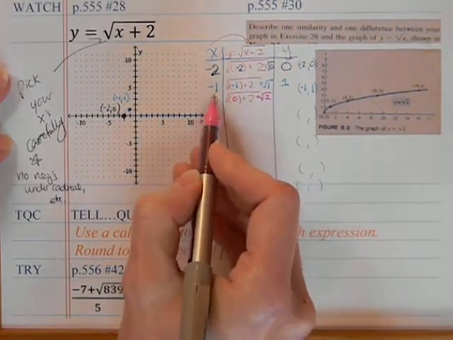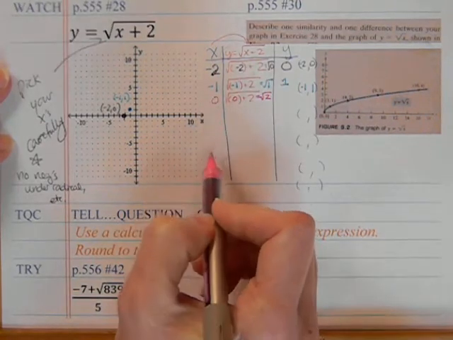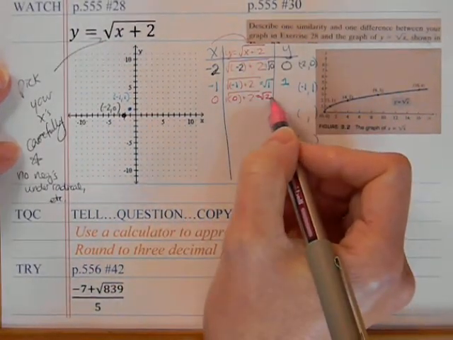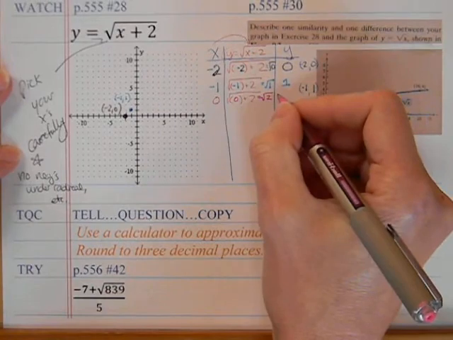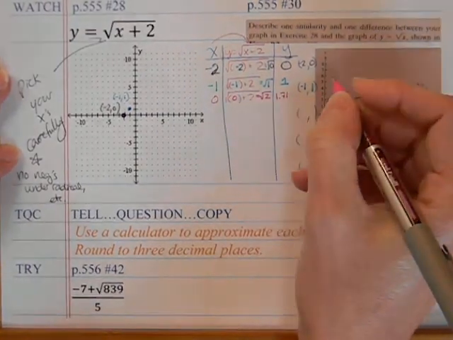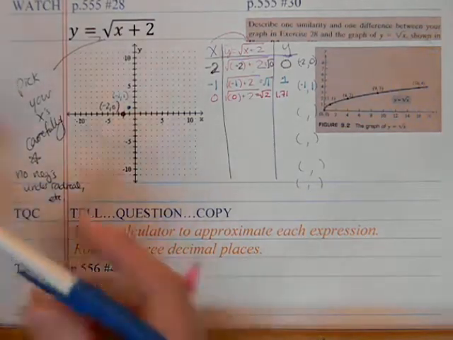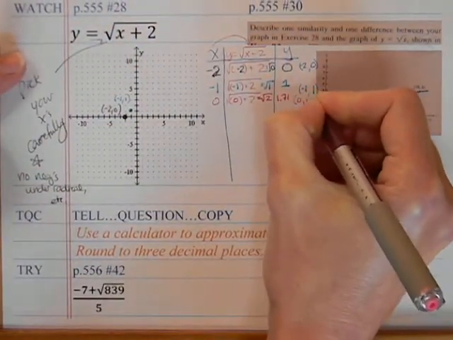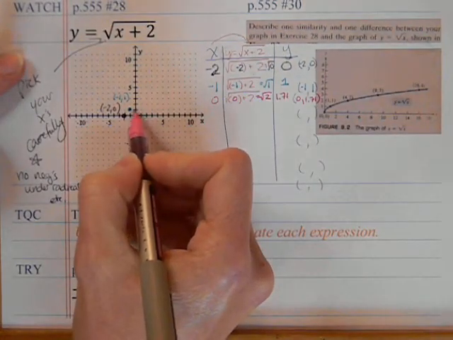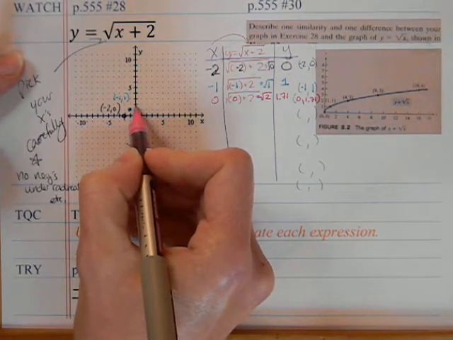I can just happily pick my -2, -1, 0, 1, and 2, but all of a sudden I've got funky numbers. You'd have to go to your calculator for this one, and end up with 1.41. So you have a point of 0, 1.41. Well, I'm not even going to attempt to see what that point would be here.